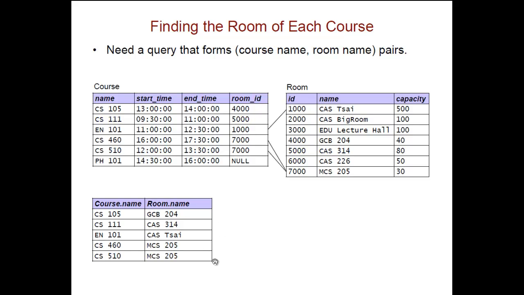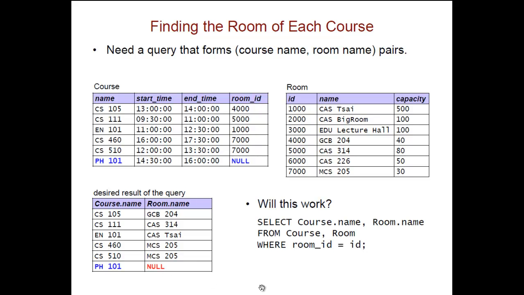So we have 5 rows in the result for courses that do have a room, but we also want an additional row for PH101. It does not have a room, but that means that in the result we want it to be paired with a value of null, indicating that there is no room for that course. And that's what makes this tricky.